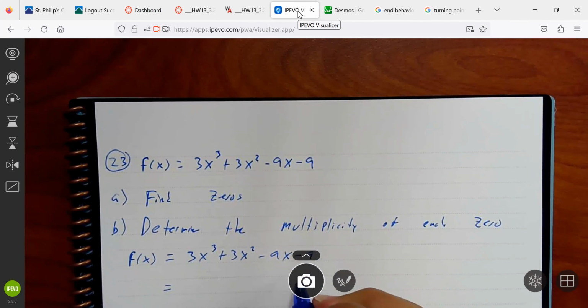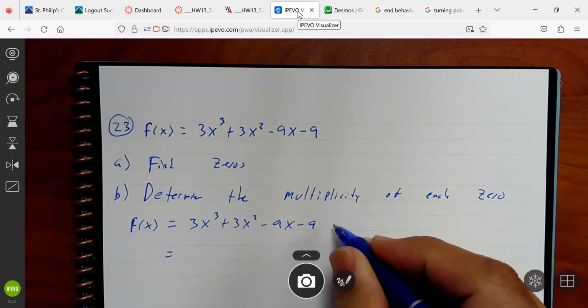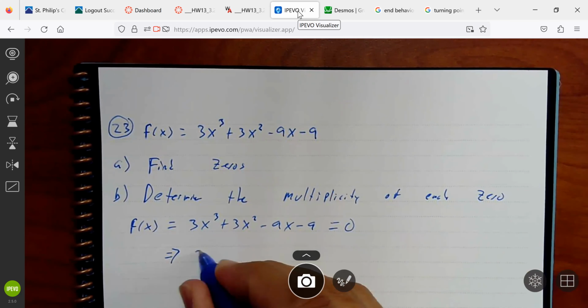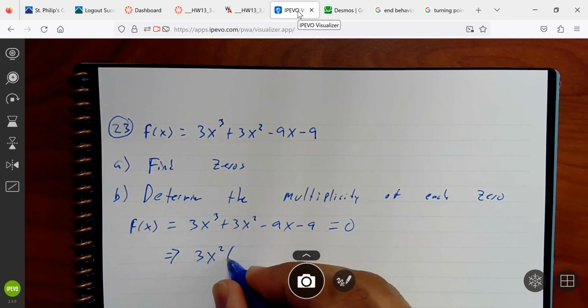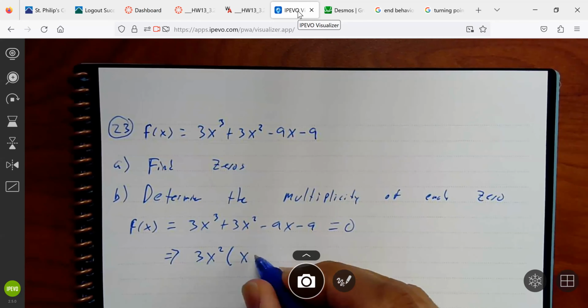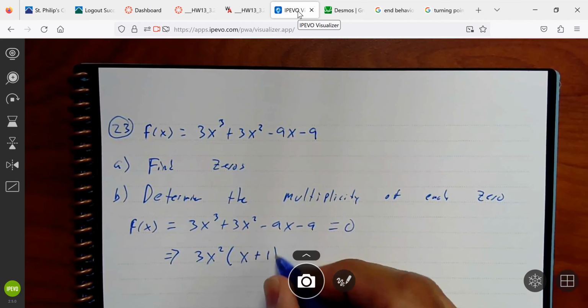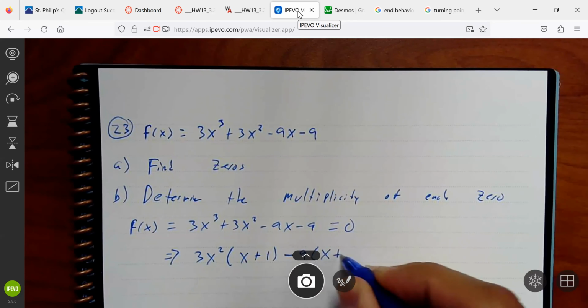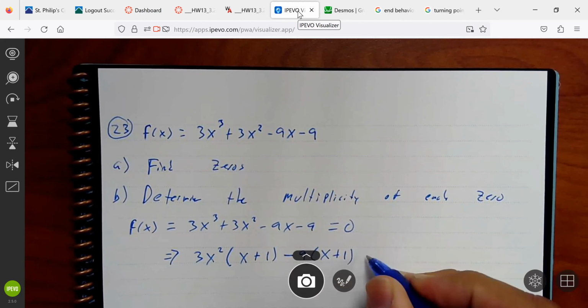Factor by grouping. Let's see if that works, right? You gotta set this to 0. So now we got 3x squared in common here, leaving us with x plus 1. Here we got minus 9 in common, leaving us with x plus 1, equal to 0.